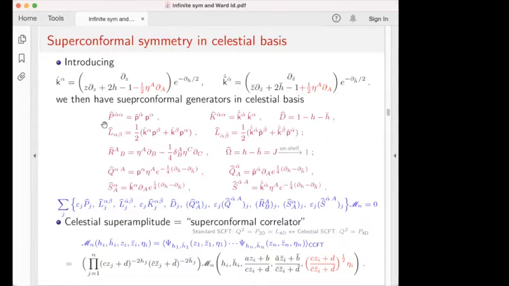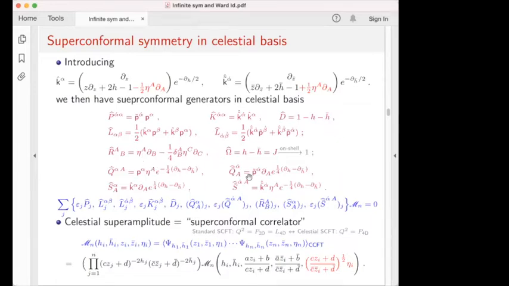So this translational generator is the same, and the special conformal generators are also very similar, except that we now need to take into account the eta-dependent terms, and we have a similar construction for the dilatation and Lorentz generators. And the R-symmetry generator is the same as the R-symmetry generator in momentum space, because this Mellin transformation just changes something in momentum space, but leaves the eta space, the R-symmetry space, invariant.